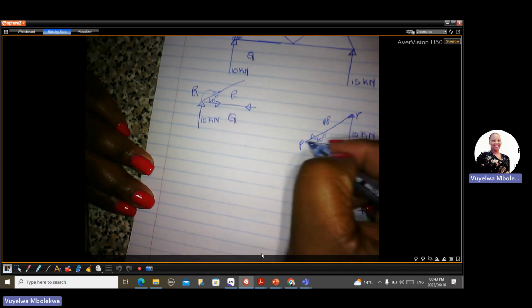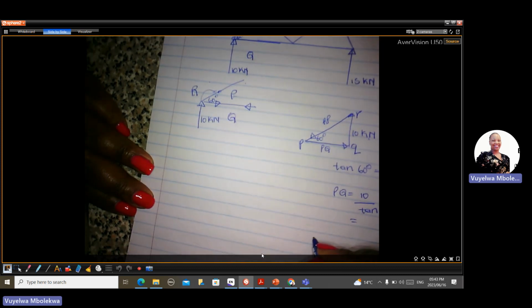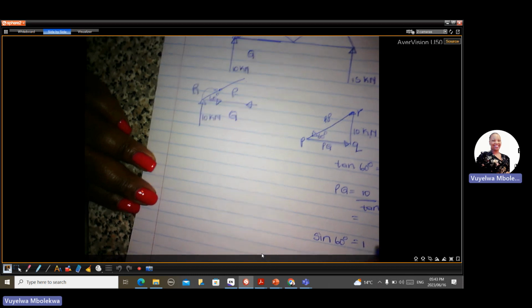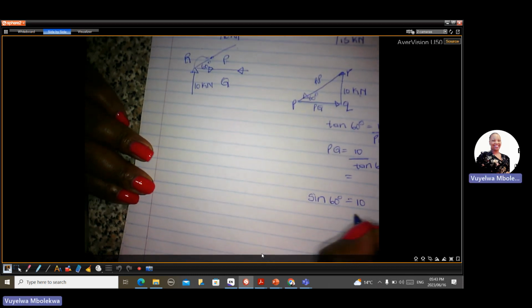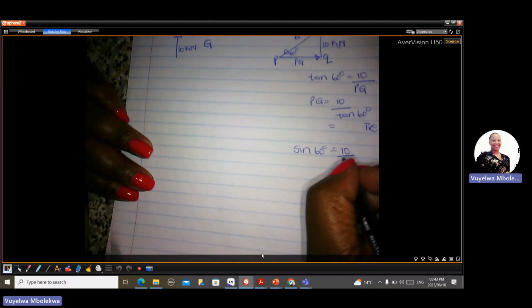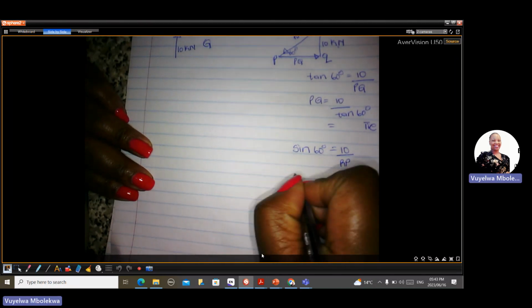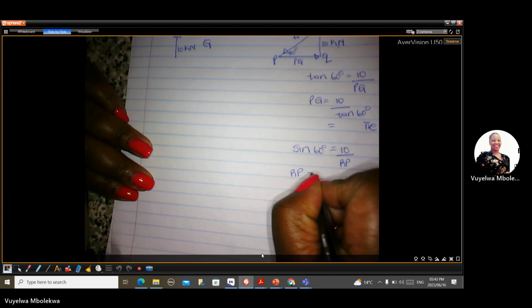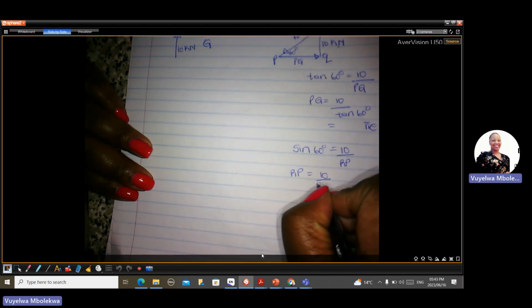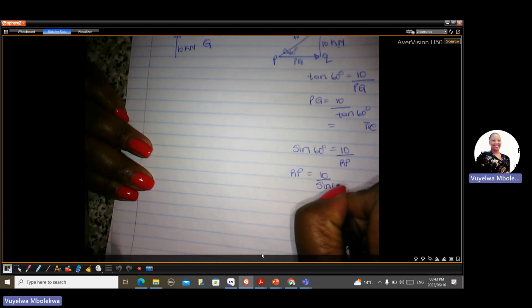And then for your sloping member, for your RP, because it's a hypotenuse, you're going to use sine 60 equals opposite, which is 10, over RP. Therefore, RP is going to be 10 over sine 60.